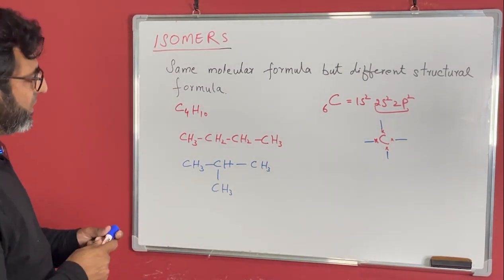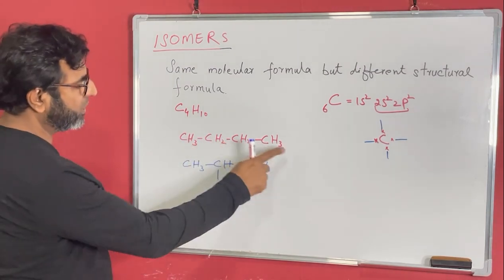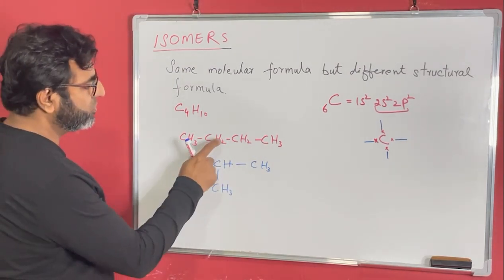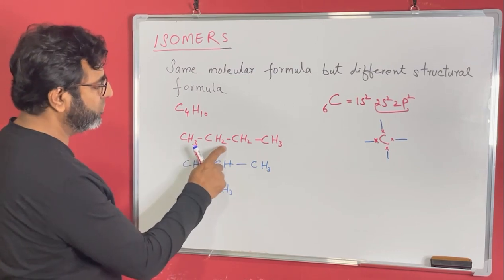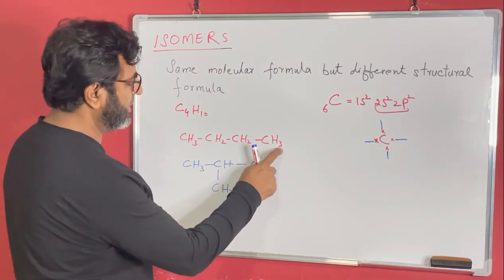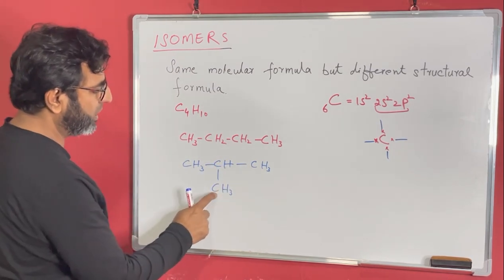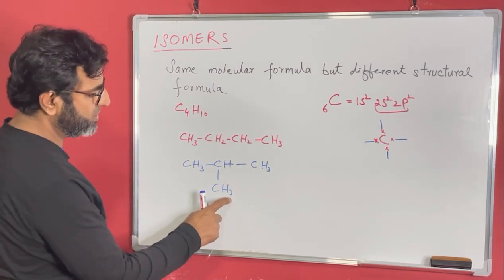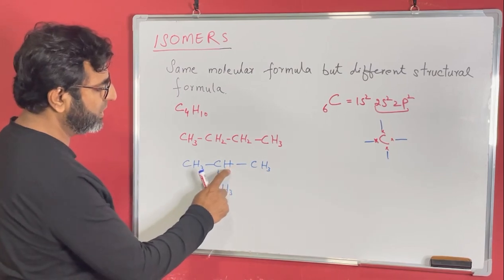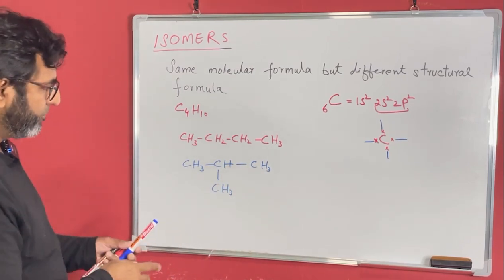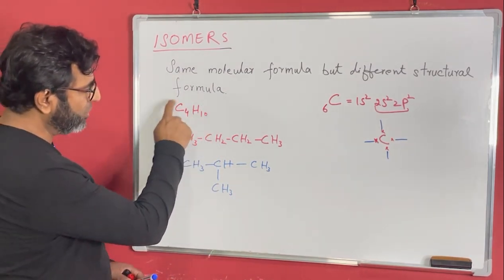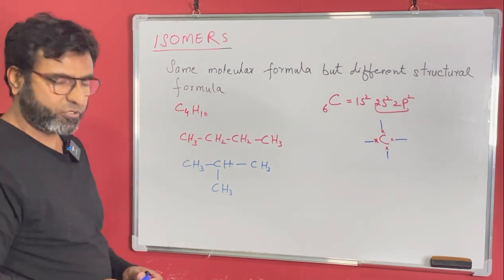So just check if we have 4 carbons and 10 hydrogens. 1, 2, 3, 4 carbons, 3 to 5, 5 to 7 and 3, 10. Here also 1, 2, 3, 4 carbons, 3 hydrogens, 6, 6 and 3, 9 and 1, 10. So you see that both have the same molecular formula but different structural formula.